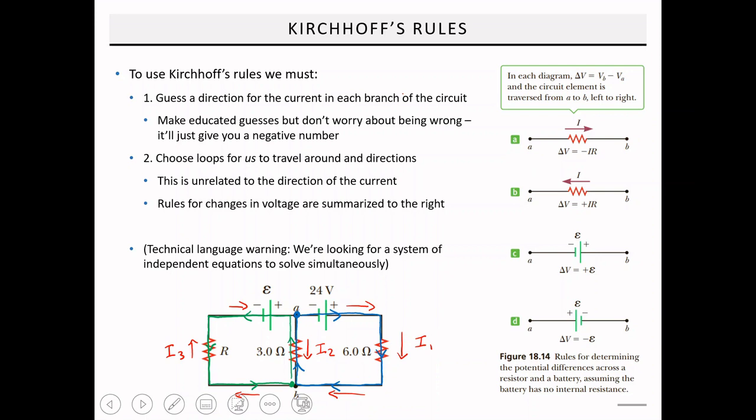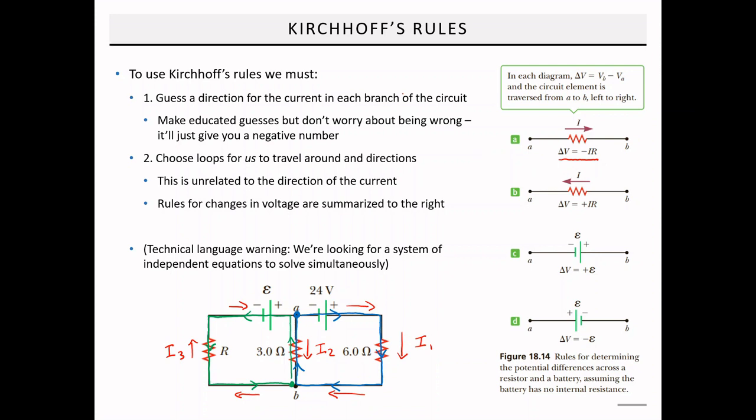In all of these examples, we are walking along the path starting at point A and walking to point B. In example A, as we walk to the right, we cross over a resistor in the same direction that we chose the current. In this case, we want the change in potential to be negative, so we'll use minus I times R in our loop rule equation.